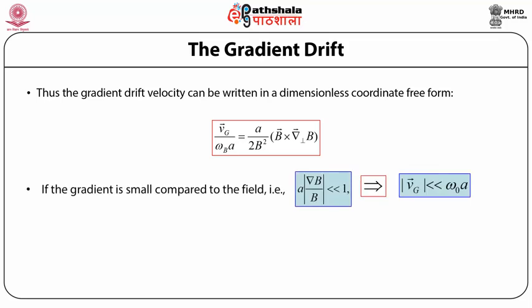If the gradient is small compared to the field, that is A|∇B|/B ≪ 1, this implies that |Vg| ≪ ω₀A.